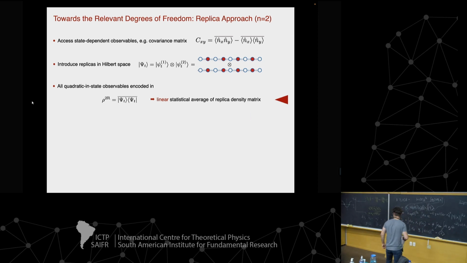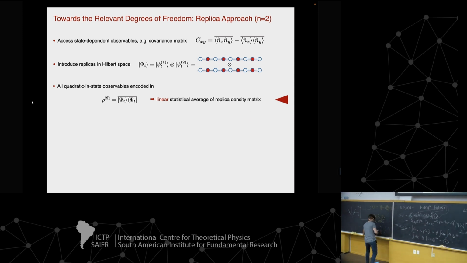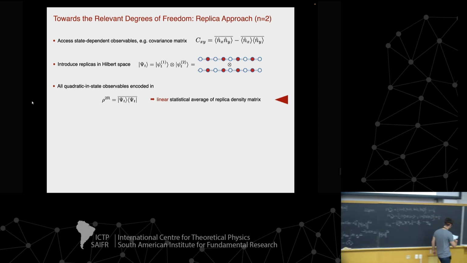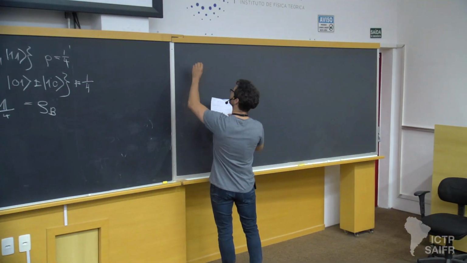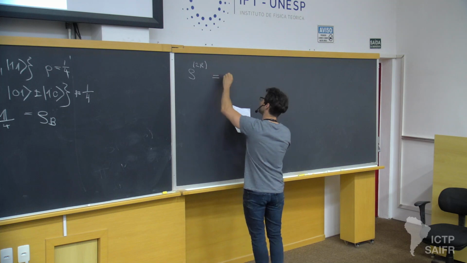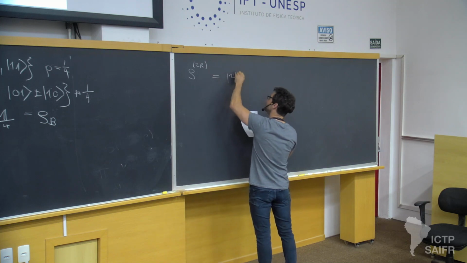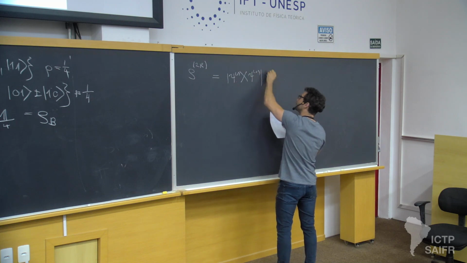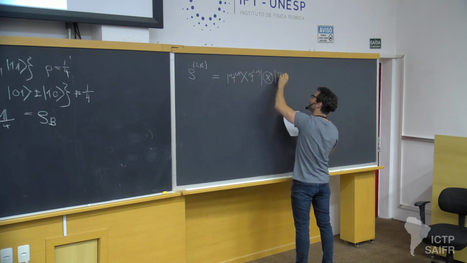So, right. The claim is that our twice replicated rho is this here: psi 1, the first replica, tensored with the second one.